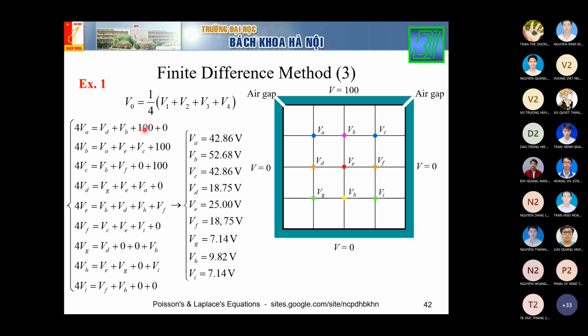The problem here is that for many people, solving a set of 9 equations is very hard work. But anyway, this is the first method. Let's say that this one is a matrix method. Are you all right? Any question?